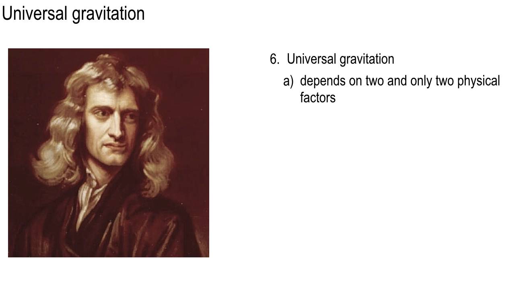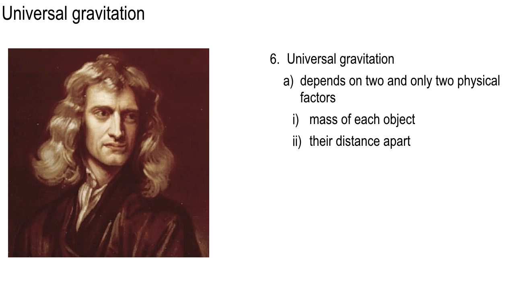And it depends on only 2 physical factors. First of all, the mass of each object, and their distance apart, and that's it. And Sir Isaac Newton said, it's not just the distance, it's the square of the distance, and the square of the distance is in the denominator.